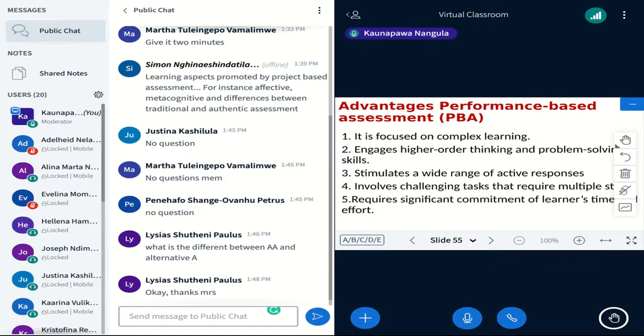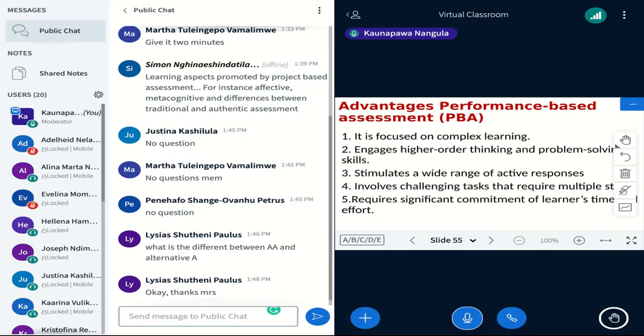First, performance-based assessment focuses on complex learning. It looks at other aspects that are involved in learning rather than just cognitive mastery of knowledge. You also look at other aspects, like the ones we spoke about yesterday, the ones that Simon mentioned here: affective, metacognitive, and social.